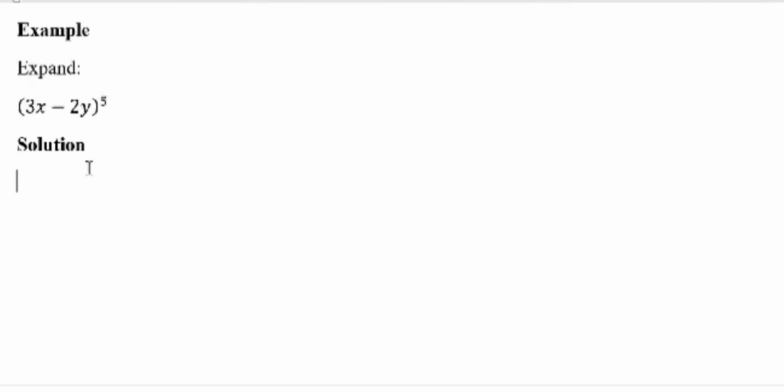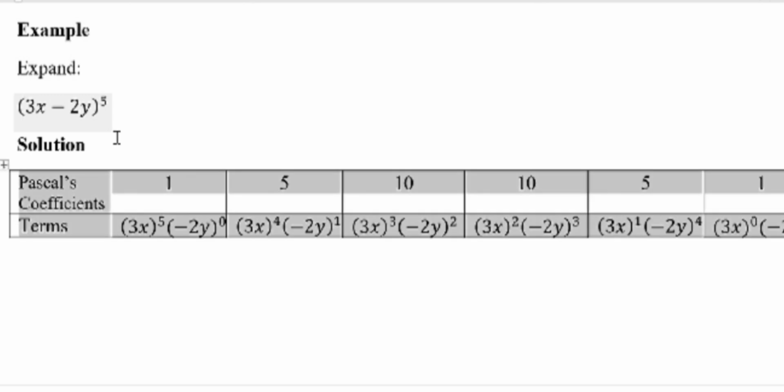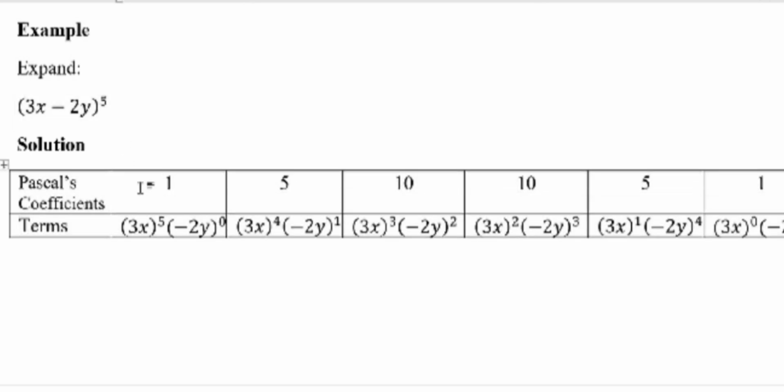To expand 3x minus 2y raised to power 5, use the same procedure, come up with a table. The Pascal's coefficients are 1, 5, 10, 10, 5, and 1. And then for this one, you split it into the respective terms. For 3x, you write it in descending powers from 5.